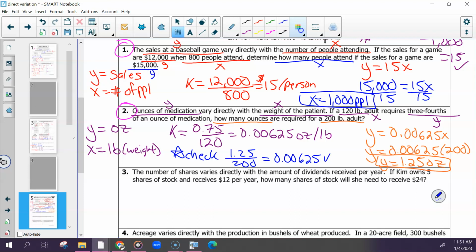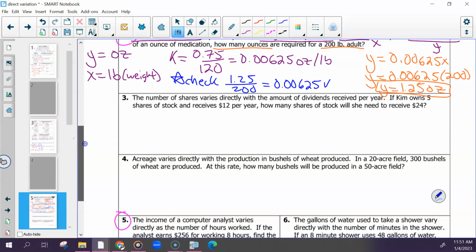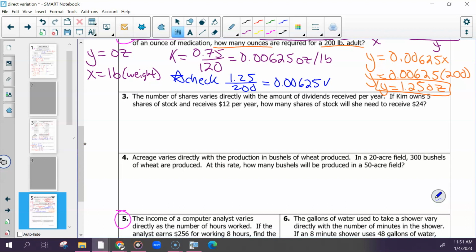We're going to do one more of these. Number 5. Anyone still writing this down first?